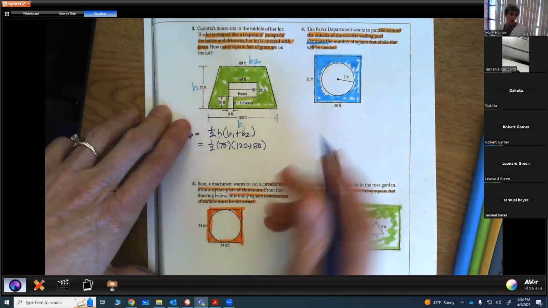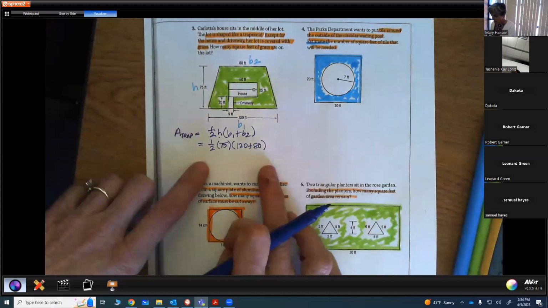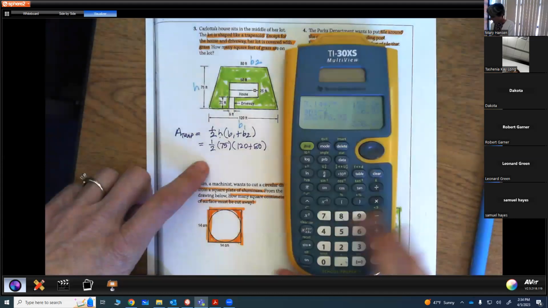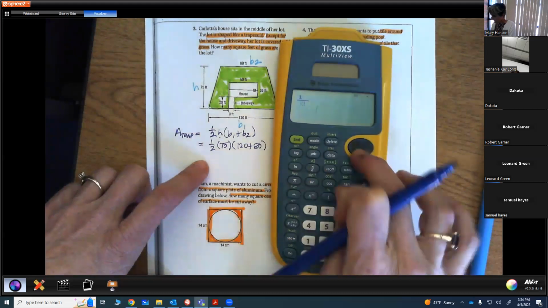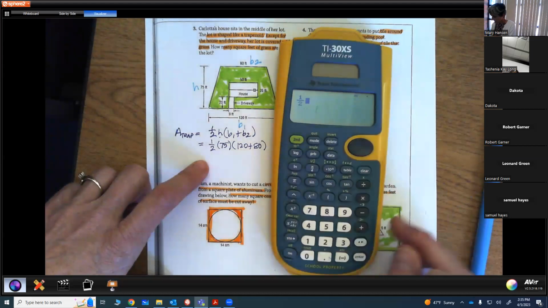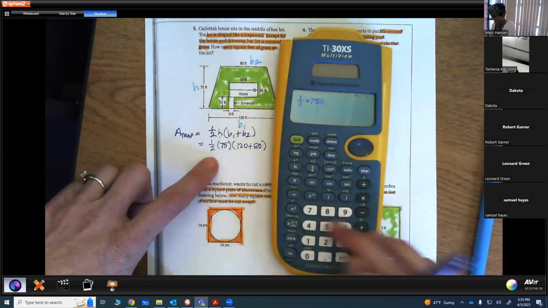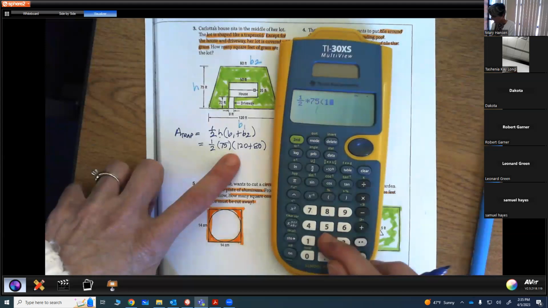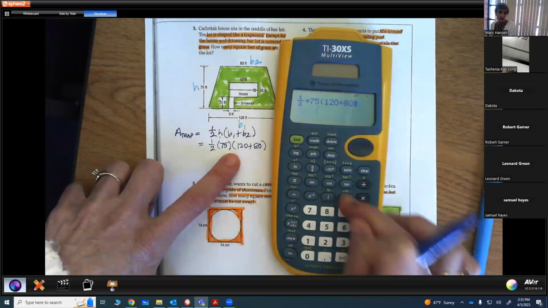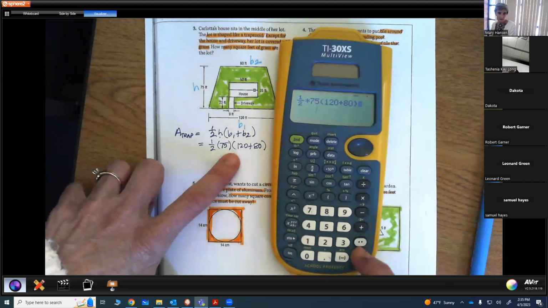Okay, now you can plug all that into the calculator at once if you want to. To do that, you'd get your fraction and fill it in. You'd multiply times 75, and then open a parenthesis and put 120 plus 80. And it will calculate the whole amount for you.